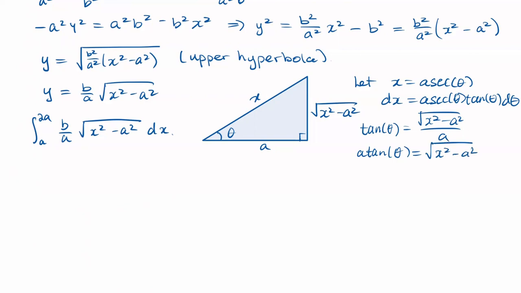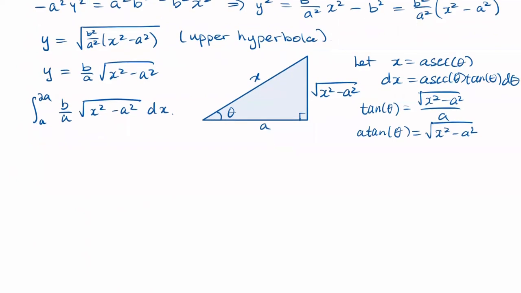So making that substitution and substituting everything else as well, we also need to know the bounds. When x is equal to a, we have to find theta. Keep in mind that theta is 1 divided by cos inverse of x divided by a.